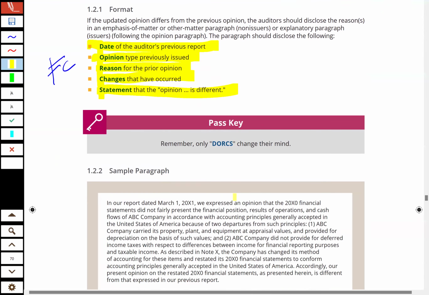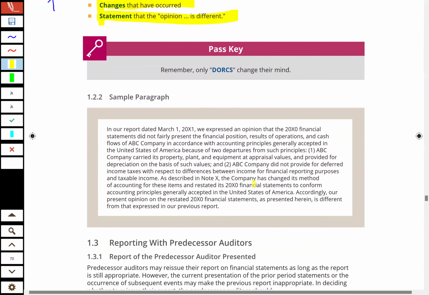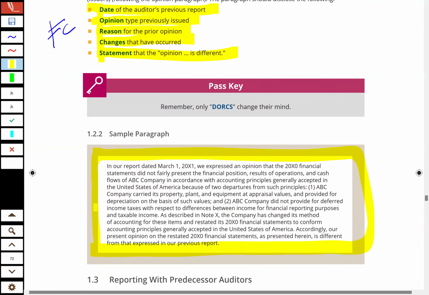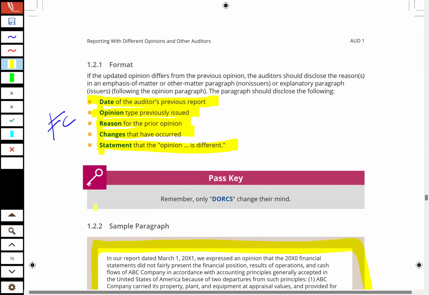Okay. So the sample paragraph that would contain those elements that we just talked about is given to you here, but that would basically be included as an other matters paragraph, emphasis of matter or other matters paragraph for a non-public company, or explanatory paragraph for the public companies.